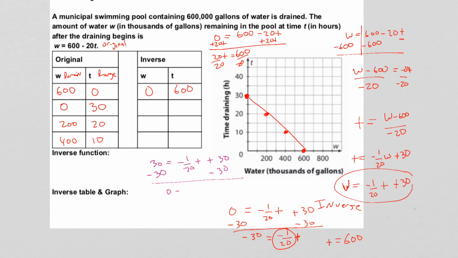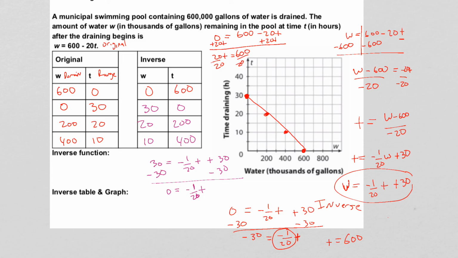You're going to get 0 is equal to negative 1 over 20t, which makes t, of course, 0. So everything's going to flip around. And hopefully you'll also recognize one thing, that the graph would be slightly different as well.